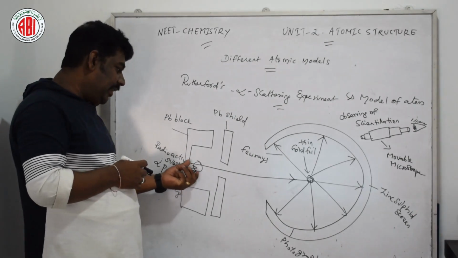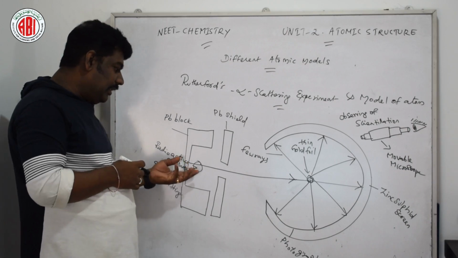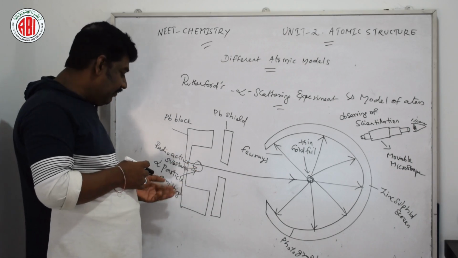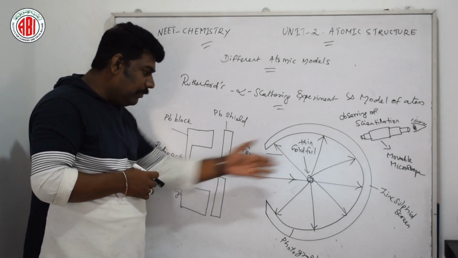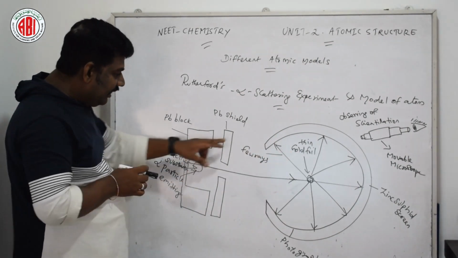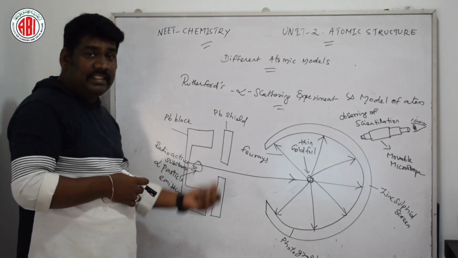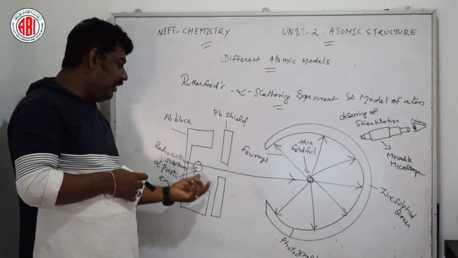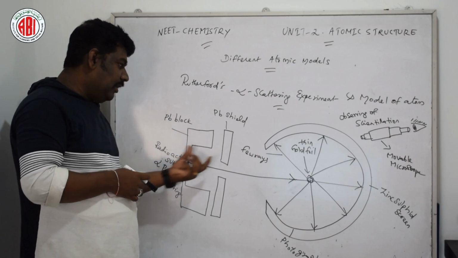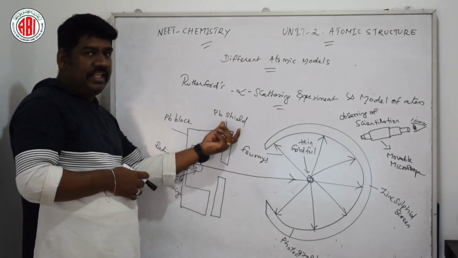When this radioactive substance is bombarded, it emits alpha particles that pass through a thin slit present in front of this lead block, and this is said to be the lead shield.